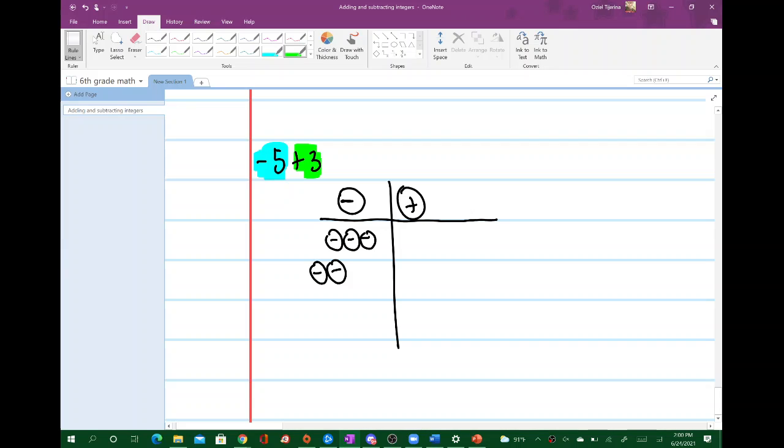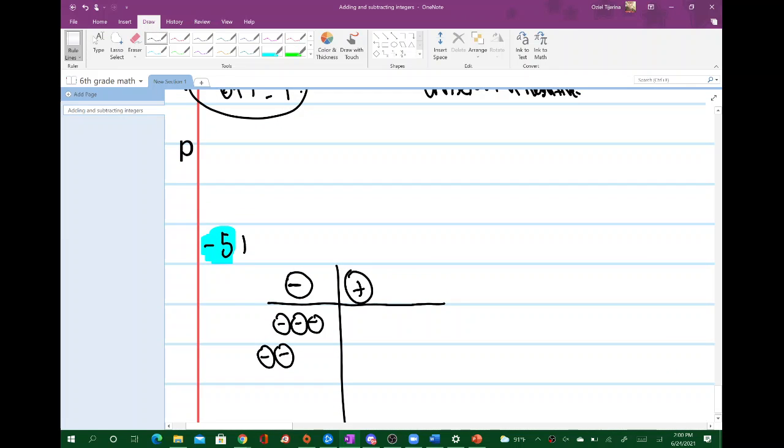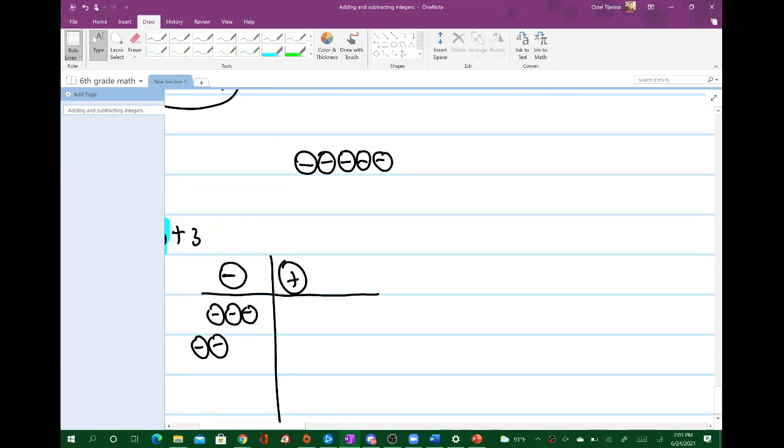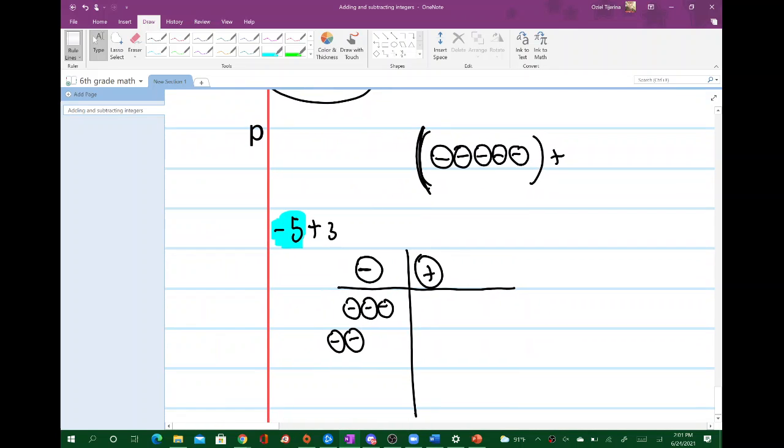So, basically, the way that I really want everybody to think about this is I want you to say, if you have 5 negatives, you have -1, -2, -3, -4, -5, right? Plus, and then this is really just what -5 is.